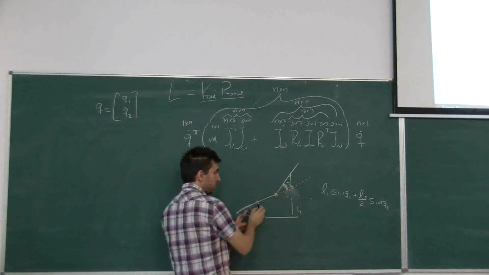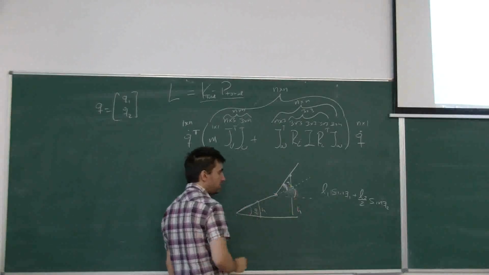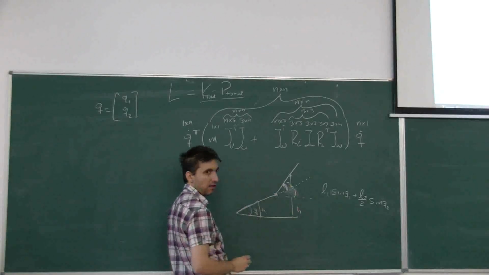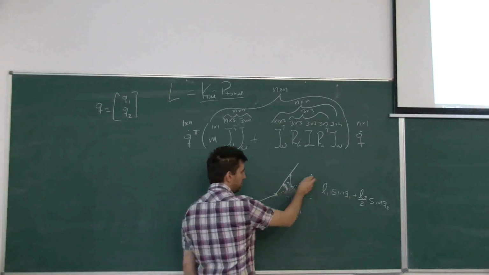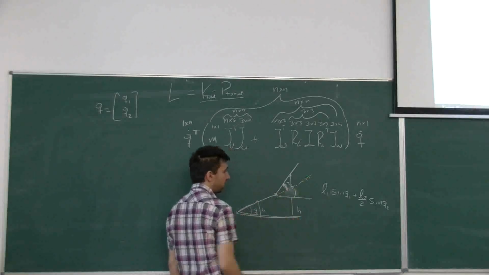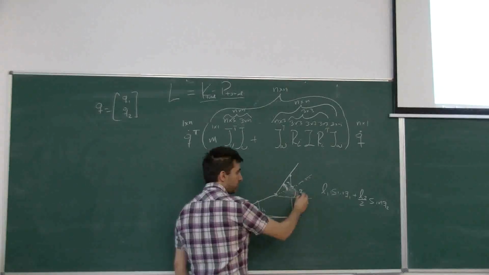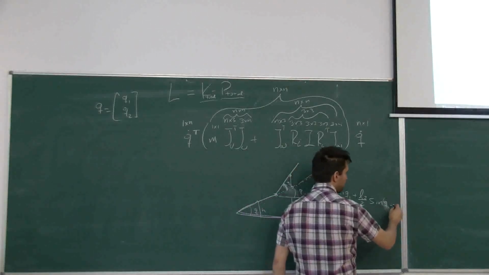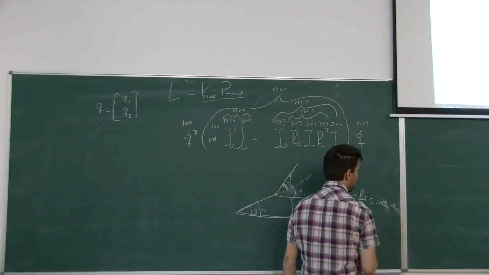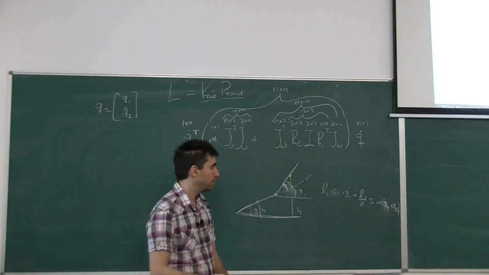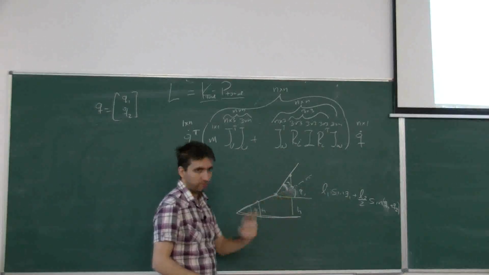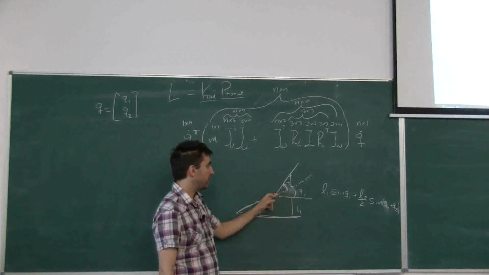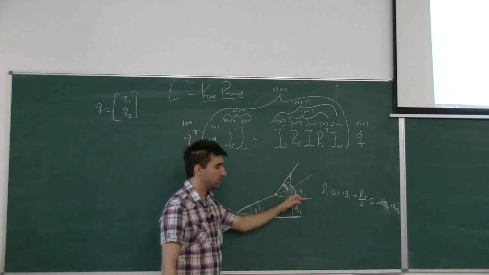And this angle is, if this is like this and these two are parallel, basically Q1. So more correct is if this is Q1 plus Q2, because Q2 is defined by this extension, basically, not vertical to this.